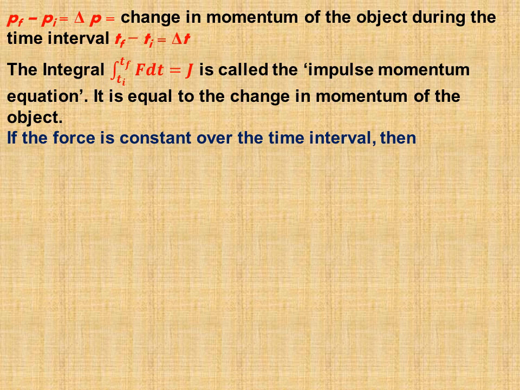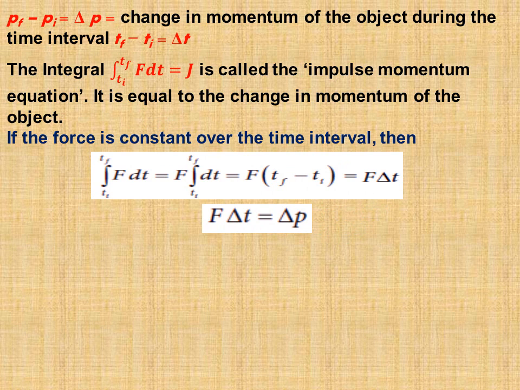If the force is constant over the time interval, then let us take F common out of the integral. So F into integral ti to tf dt is equal to F times tf minus ti, which is equal to F into del t.